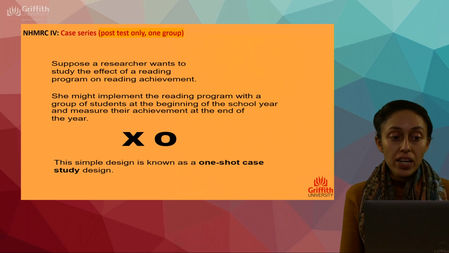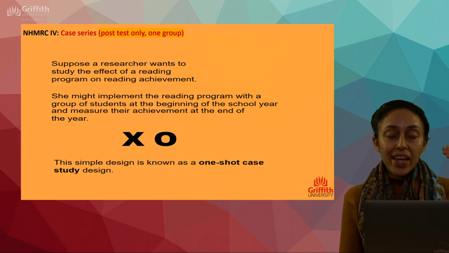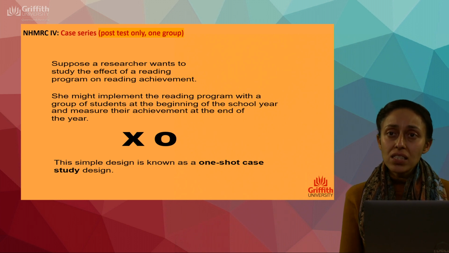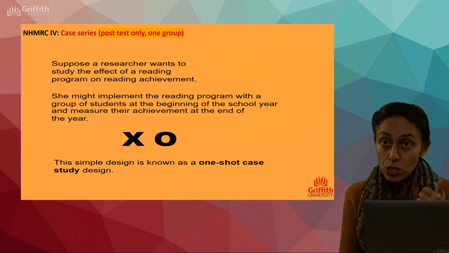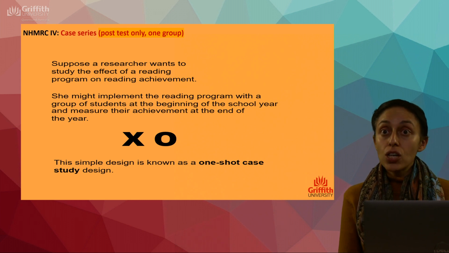But why does a researcher decide to do NHMRC level 3 or 4 evidence? Many factors, guys. A lot of time it depends upon the research question, the funding and the resources that the researcher has, the capacity and the knowledge that the researcher has.